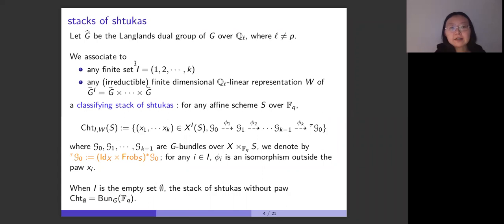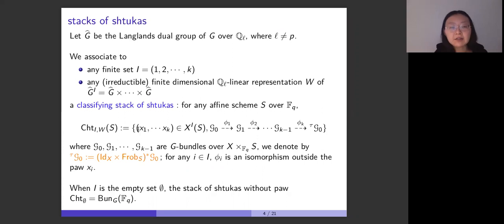To each finite set I and each finite dimensional Q_l-linear representation W of G hat^I, where G hat^I means I copies of G hat, we associate a stack of shtukas. The definition is the following. For an affine scheme S over F_q, the S-points of the stack of shtukas form the following groupoid.